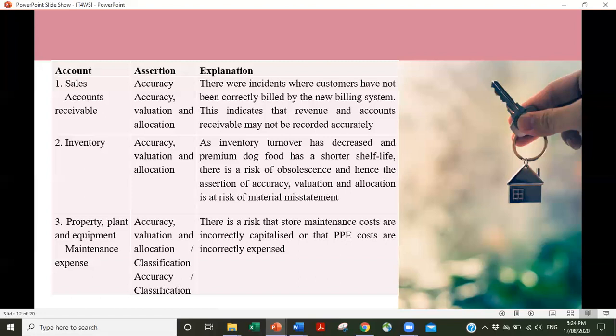So is it classified correctly as a transaction or event that sits in your P&L versus an asset that sits in your balance sheet? Is the figure accurate? Is the valuation accurate? Is it measured correctly? Is it measured appropriately?